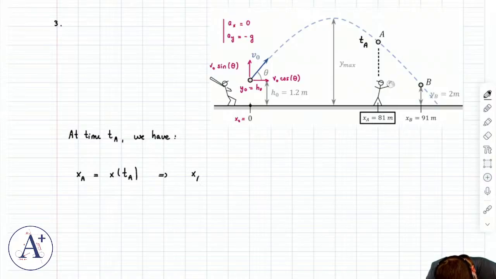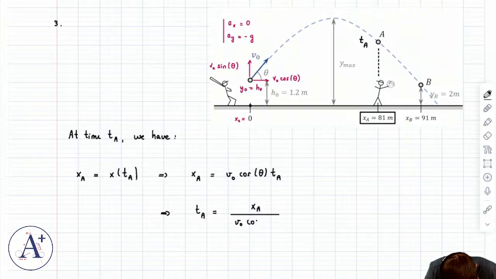In other words, Xa is equal to V0 cosine theta times ta, which is going to give me ta. ta is going to be Xa over V0 cosine theta.